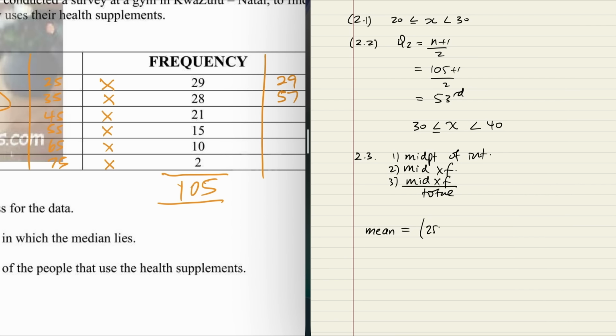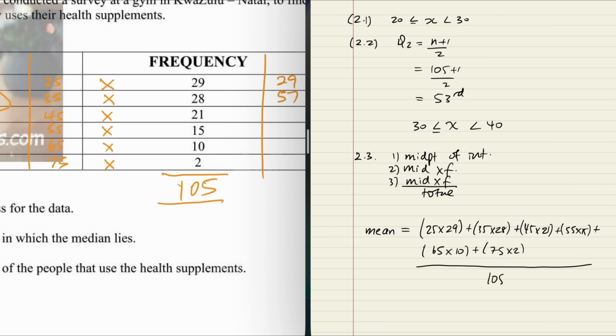So 25 times 29 plus 35 times 28 plus 45 times 21 plus 55 times 15 plus, we'll go on to the next line, 65 times 10 and plus 75 times 2. And then that's going to be divided by 105. And that's going to give us an answer of 40,71.